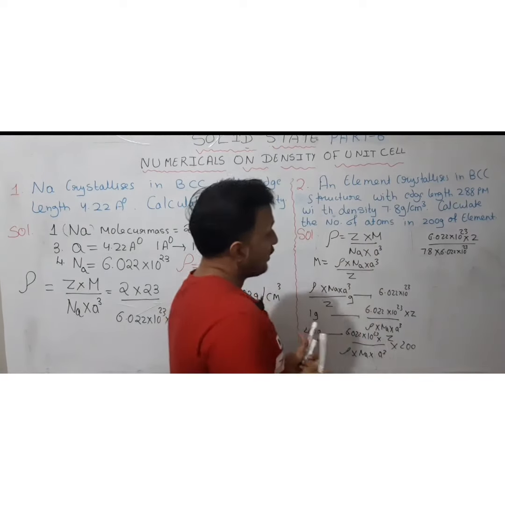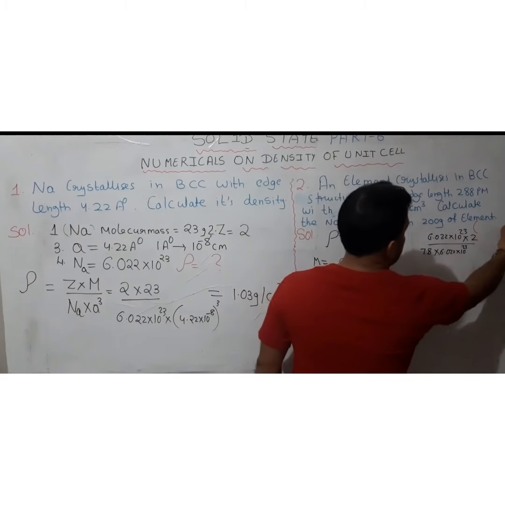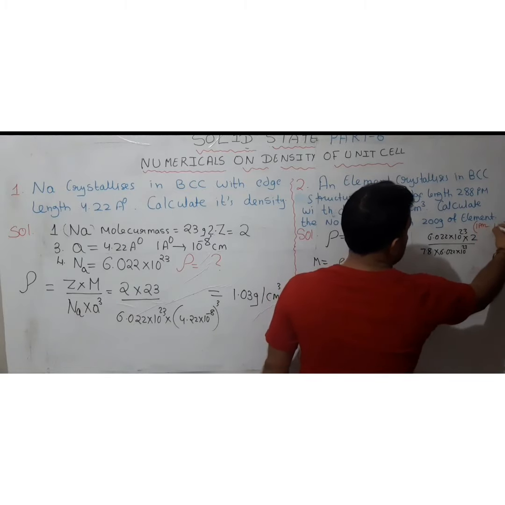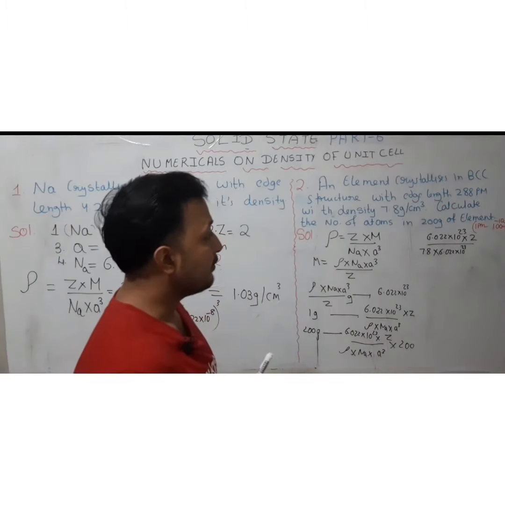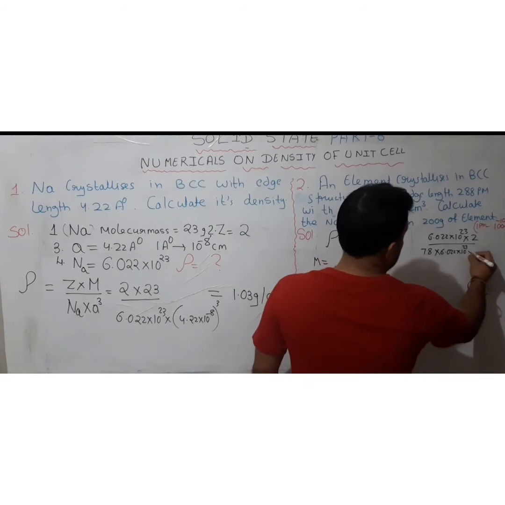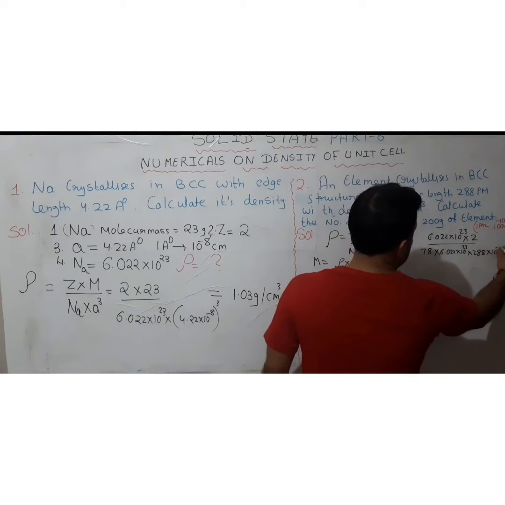In order to convert pm into cm, I am writing the relationship here. You can check that if you have to convert pm into centimeter, it will be multiplied with 10 raised to power minus 10. That is, 1 pm is equivalent to 10 raised to power minus 10 centimeter. So we will be using that relationship here, and it will become 288 into 10 raised to power minus 10, whole cube.